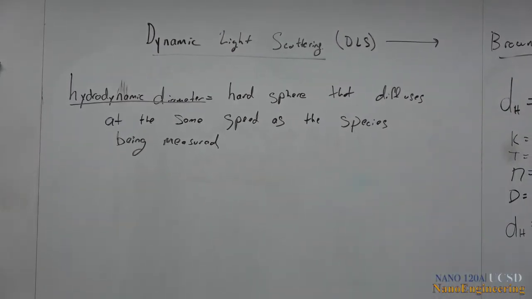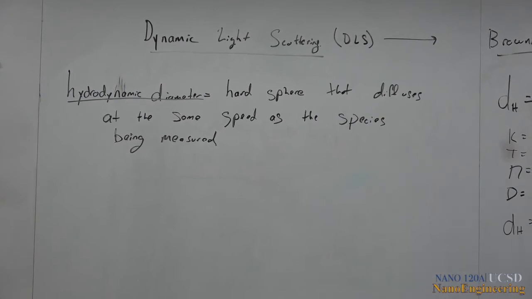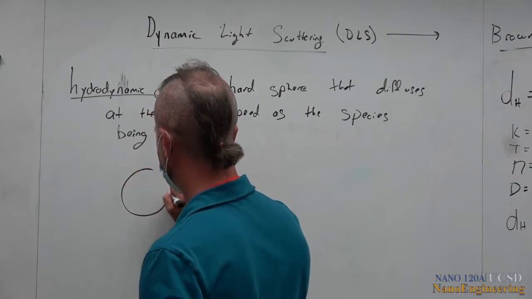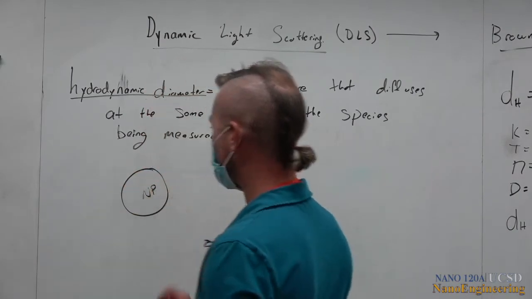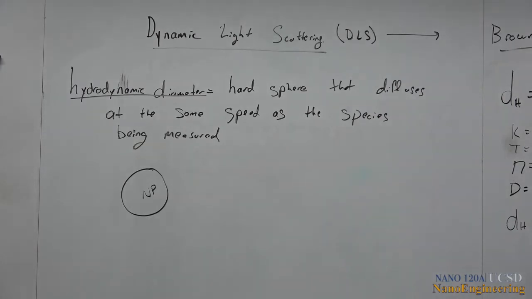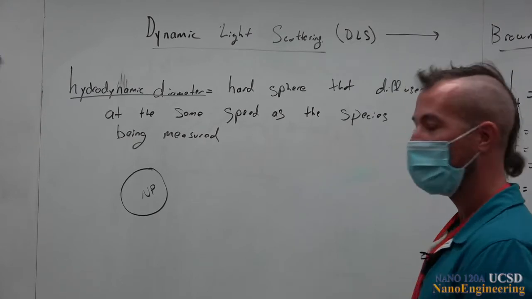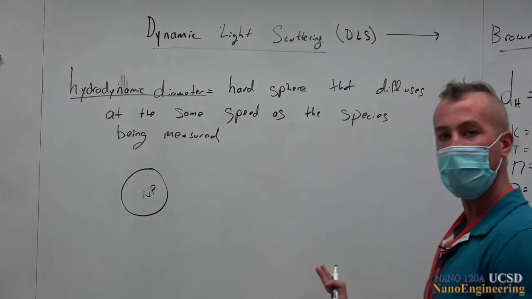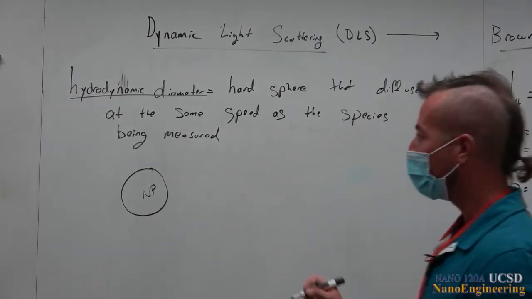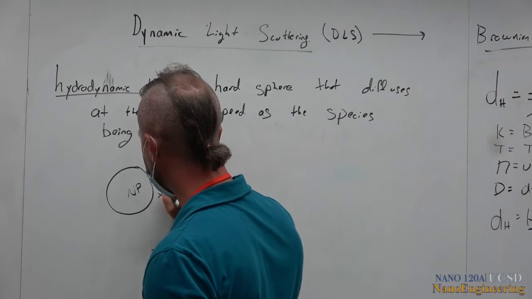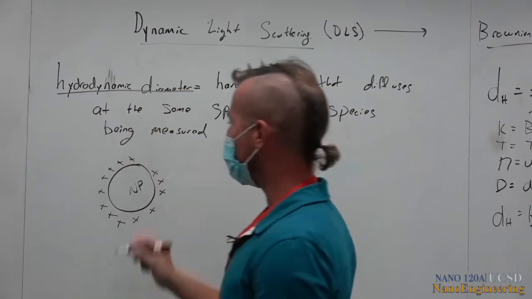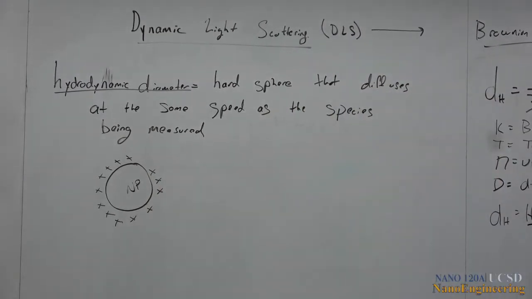So what does that mean? If we think about a nanoparticle, it's not really just that nanoparticle, right? Because you know that this has a stern layer, it has an electrical double layer, it has association with the solvent, right? We just talked about this solvent layer, right?